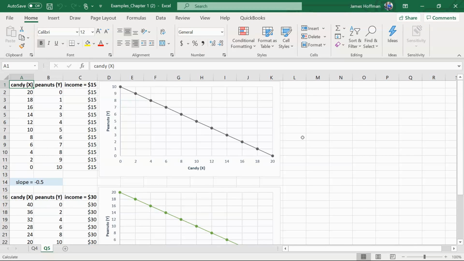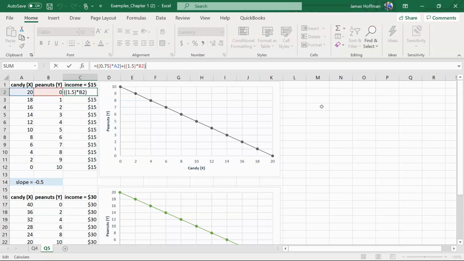What I did for this one is I just wrote a simple formula, which you're welcome to use as a template. What I'm trying to do is get things to equal 15 on the budget line. So this is essentially PX X plus PY Y equals 15.